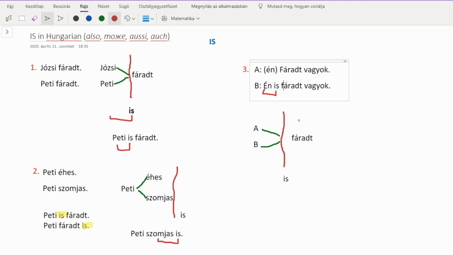Okay, so the first person didn't use the personal pronoun. It is quite correct to say this sentence without a personal pronoun. Fáradt vagyok. This is okay.